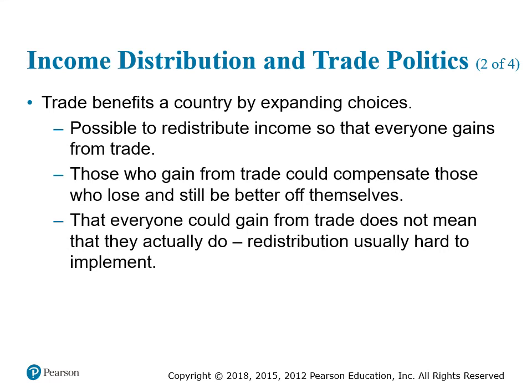It's also possible to redistribute income so that everyone gains from trade. That means that those who are in export, those who are producing goods which are being exported, and they gain from trade, somehow we could redistribute their gain in order to compensate those who are being negatively affected by international trade.